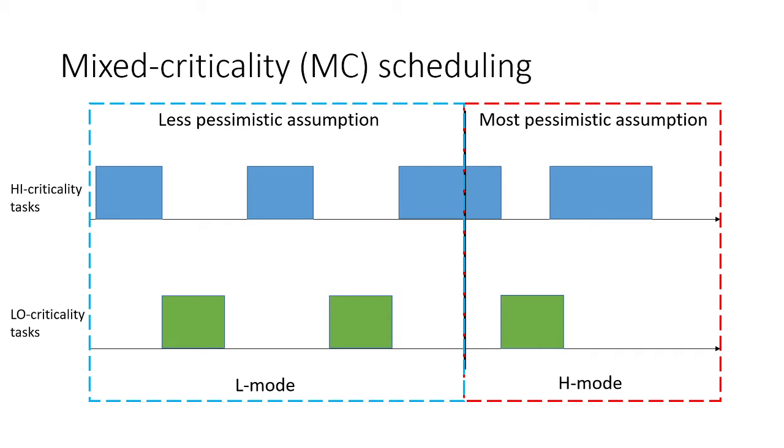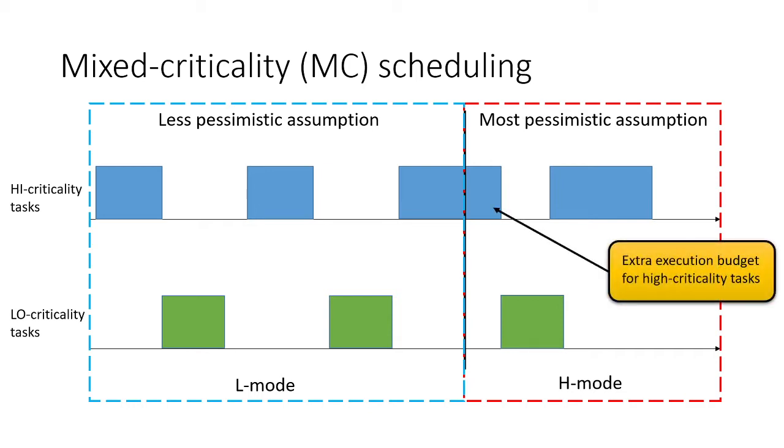The majority of works on MC scheduling are based on the approach that low criticality tasks are sacrificed to give the high criticality tasks extra space for extra workload, so that it guarantees all high criticality tasks meet their deadline.